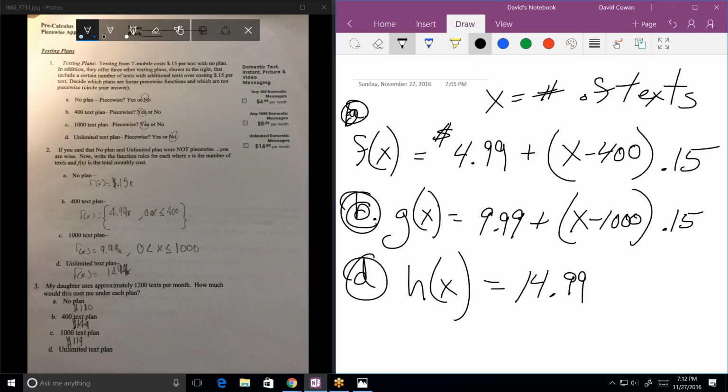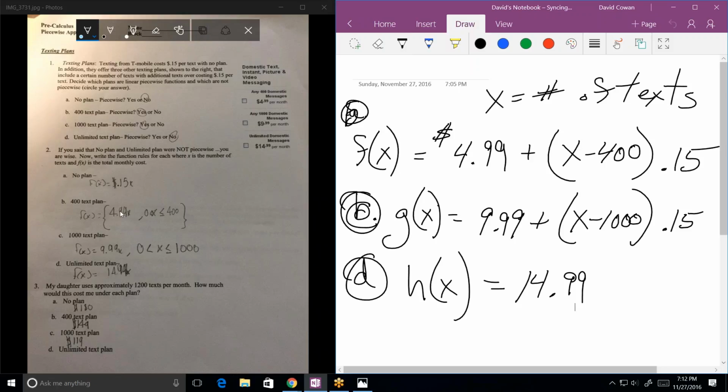The cost is $14.99 if you choose that plan, no matter how many texts you send out. That's why I asked, because this looks a lot like $14.99, but then I saw that little x afterward. Yeah. All right. Let's look at number 3.